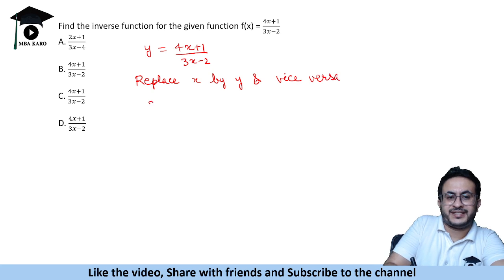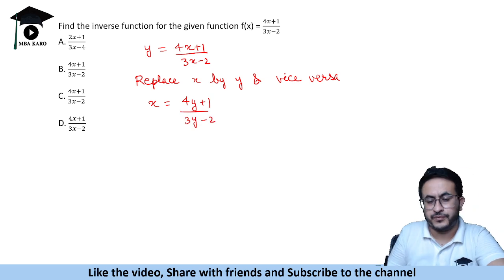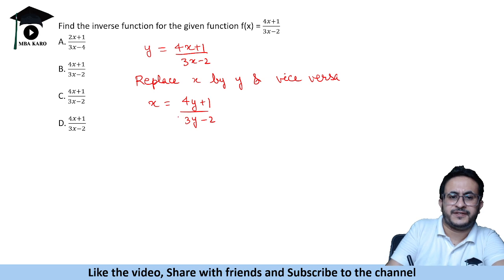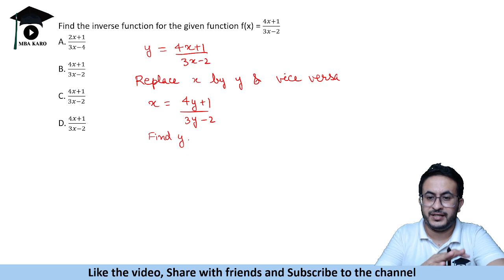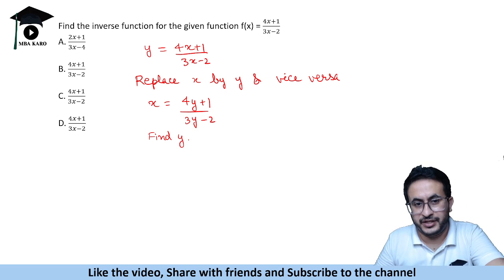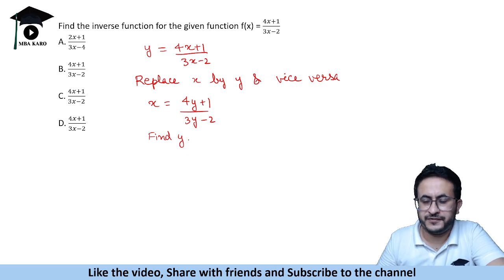So that means x is equal to (4y plus 1) upon (3y minus 2). The next step is to find y in terms of x. The value of y in terms of x is the inverse of this function.